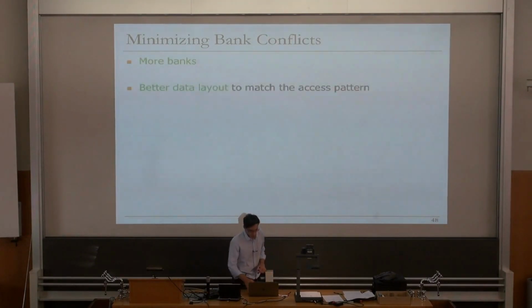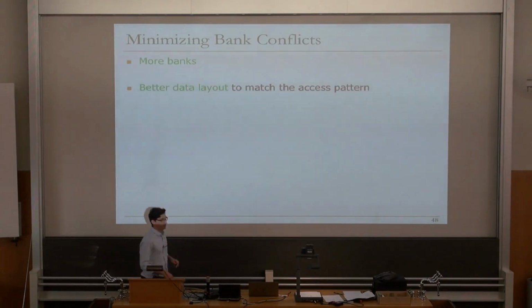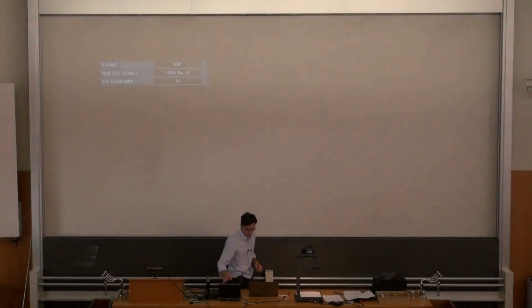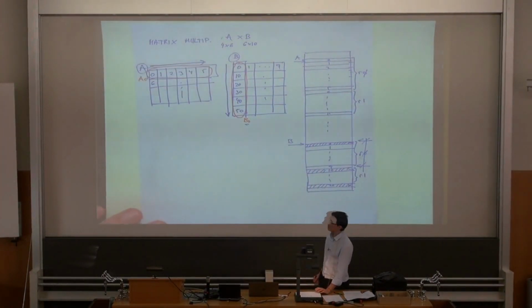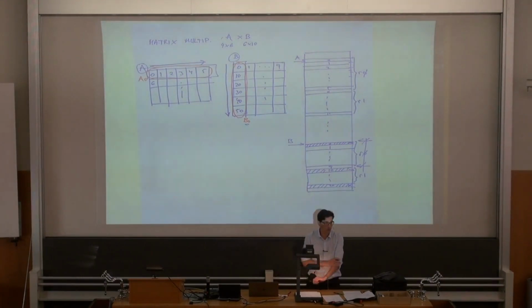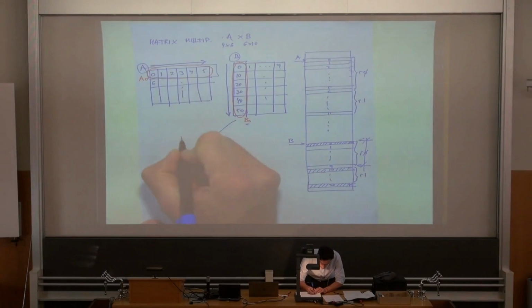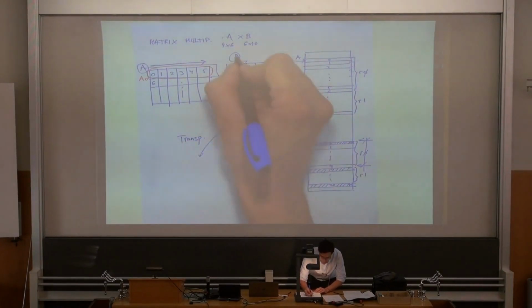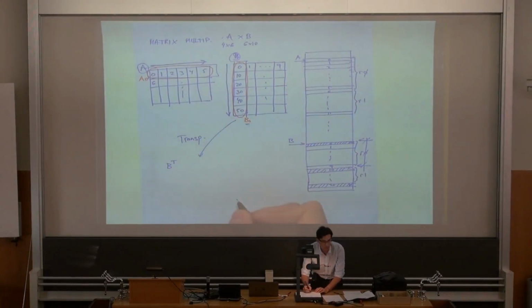So one possibility is to have a better data layout. And this will depend on the application, but in this particular case of the matrix multiplication, it's something that we can actually do. For example, what we could do here is a transposition of matrix B so that it will be matrix BT in memory.